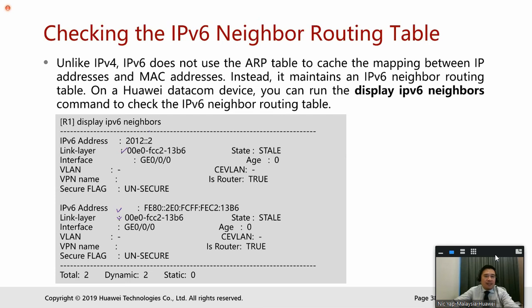What's the status they will have? They have different states over here: incomplete, reachable, stale, delay, or probe. Let me explain what the neighbor states shown here mean.